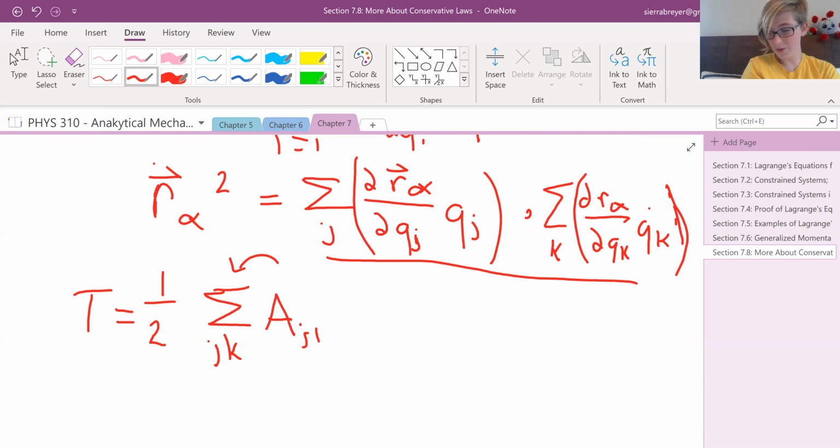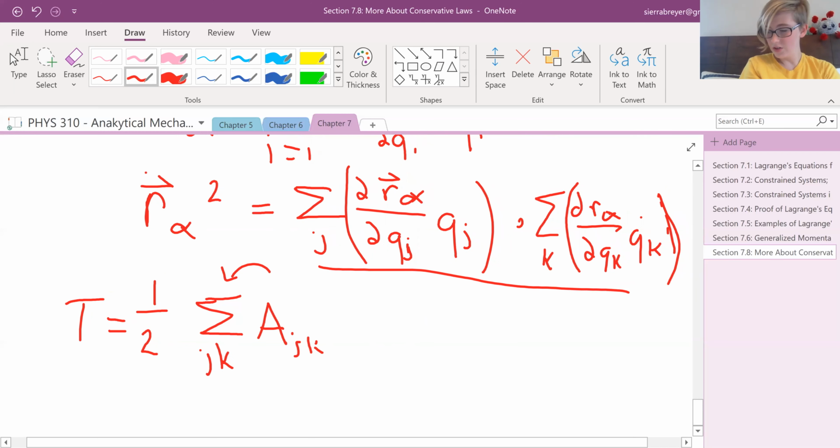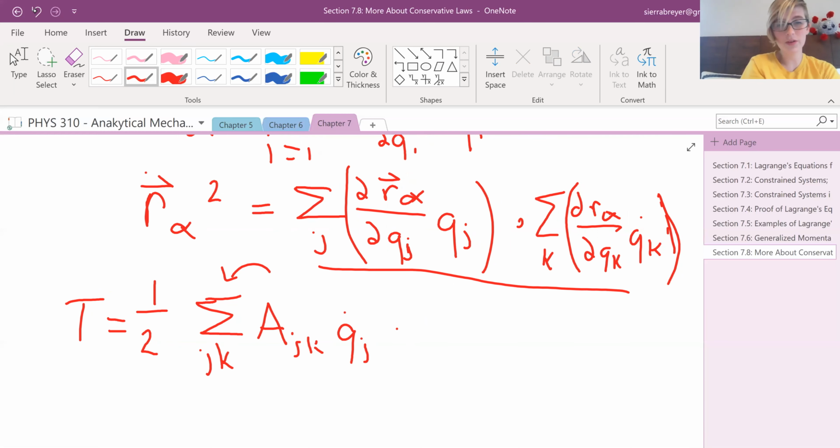So this A is going to be whatever that sum actually is, but there will be a coefficient that allows us to just end up multiplying them. That way we can see it better. That's not a G, that's supposed to be a Q. There we go. So that's what that brings down for us.